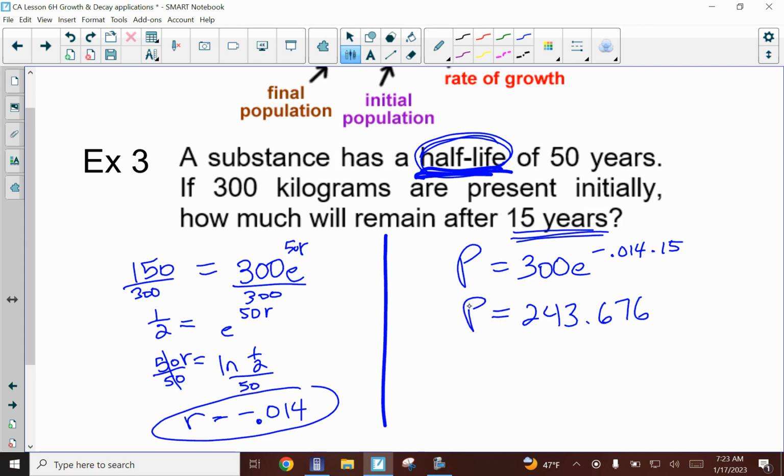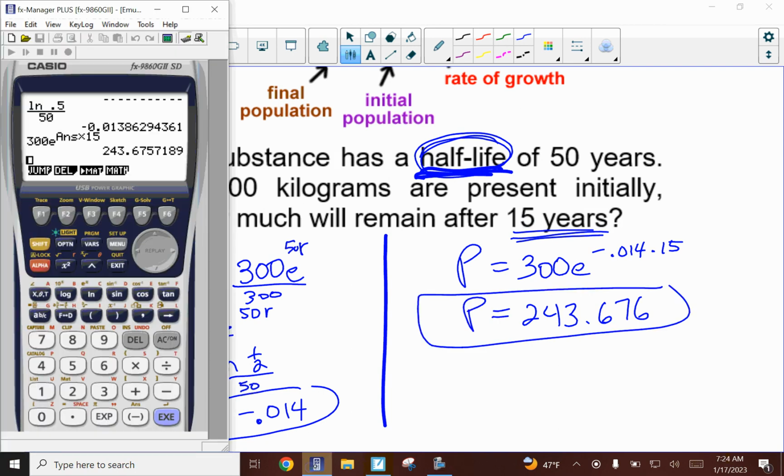243.676. And I just want to go ahead and show you real quick why I'm using the ANS button. When you don't and you actually round, you end up with a slightly different answer. It's not that huge of a difference, but it is kind of a difference. So we're going to put negative 0.014 times 15.